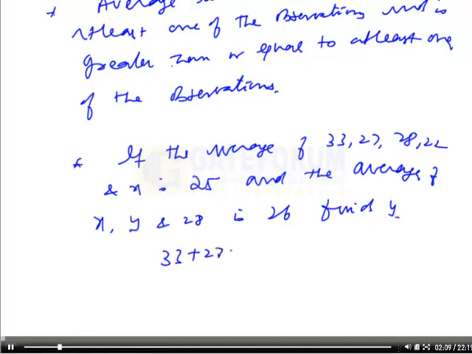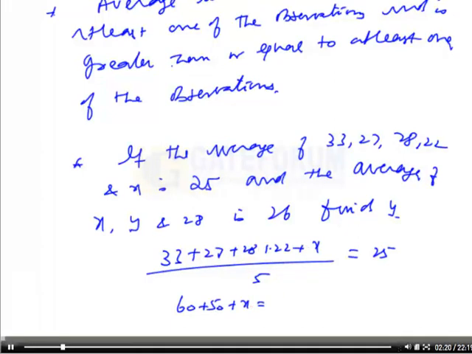Average, we know, is the sum of the items per number. So you are given 5 values, add them, divide by 5, equate to the average 25. So 60 plus 50 plus x is 5 into 25.